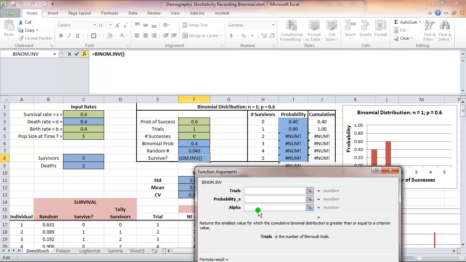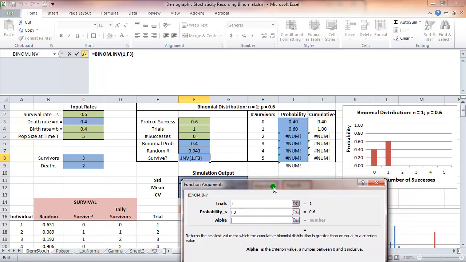And this will do the same thing that our if function has done, except that we're going to be using the binomial distribution directly. So the number of trials is going to be 1. The probability of success will be stored in cell F3. And the alpha here is going to be the random number.